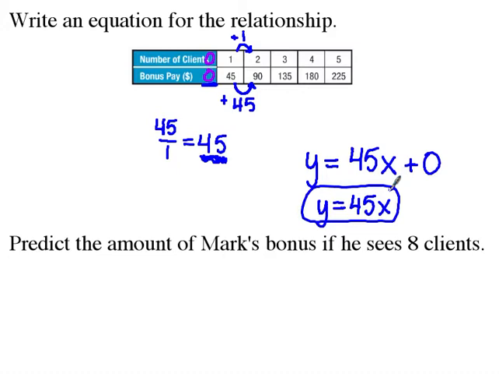Now the next question says, predict the amount of Marcos's bonus if he sees 8 clients. So how do you think I could figure out how much he makes? What would I do with this 8? I'm just going to take that 8 and put it right in here for x. So y equals 45 times 8, which is what?